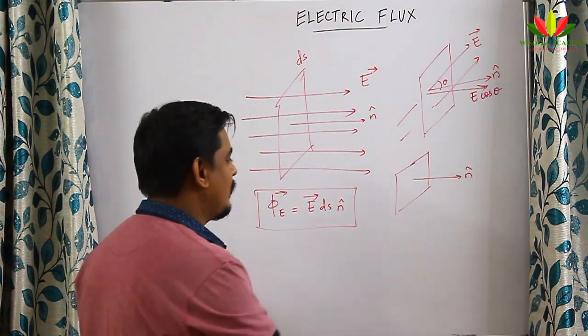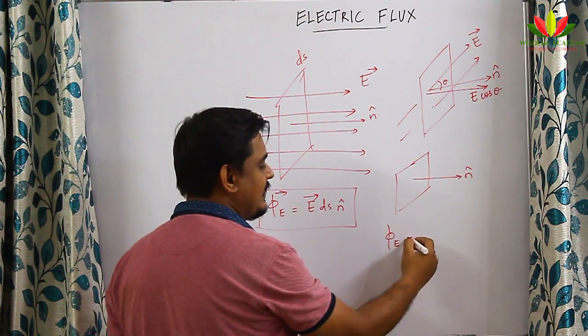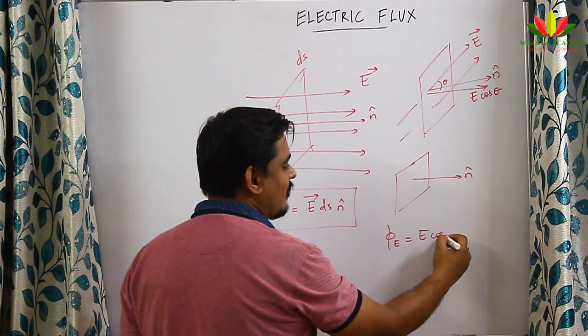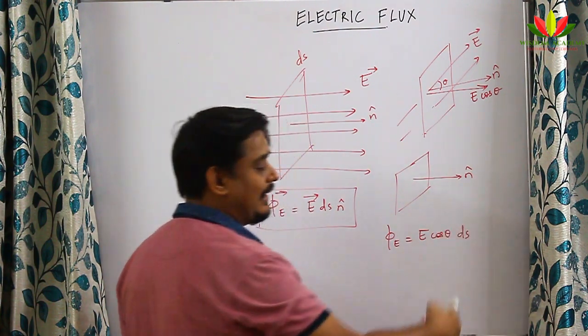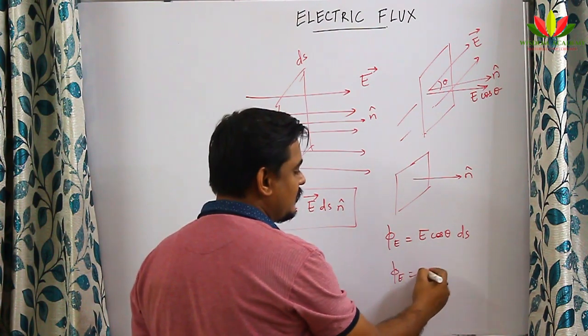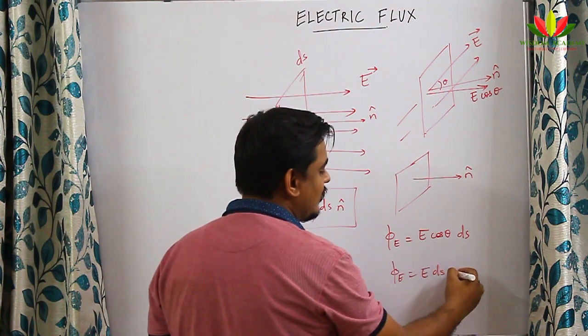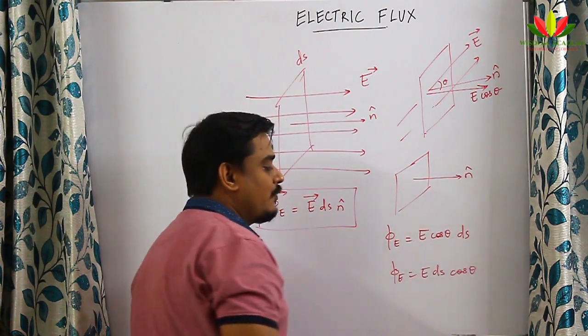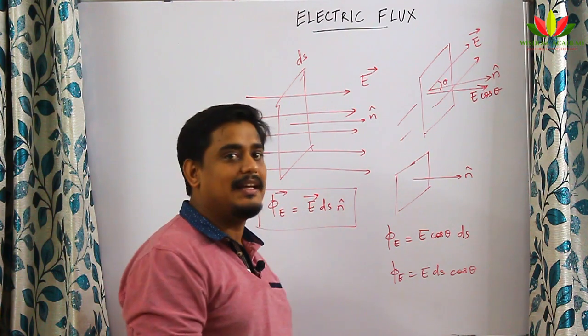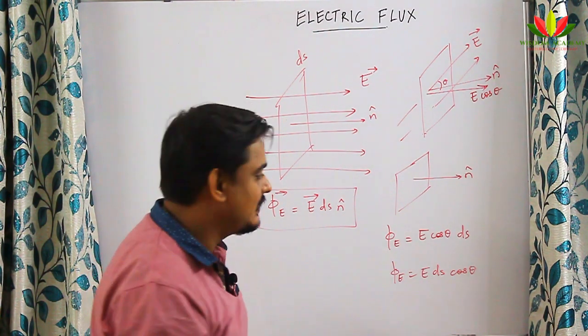So in this case, what will be the flux? Phi E will be equal to E cos theta into ds. So I can write phi is equal to E ds cos theta. We know that A vector dot B vector is equal to AB cos theta, isn't it?